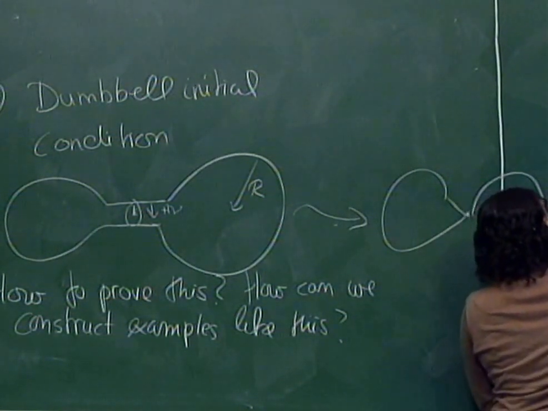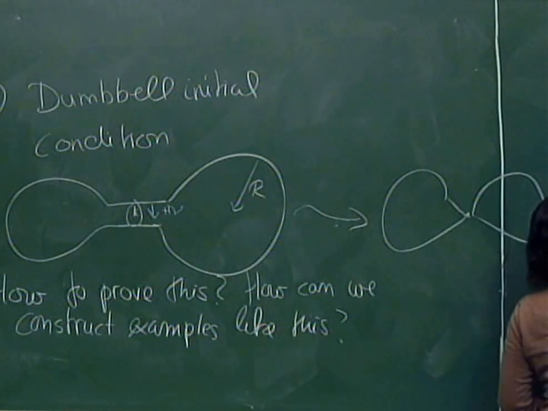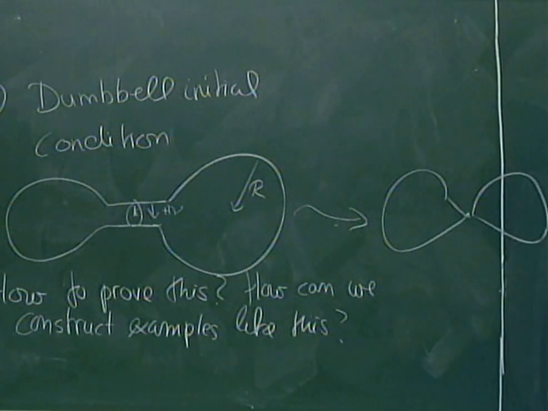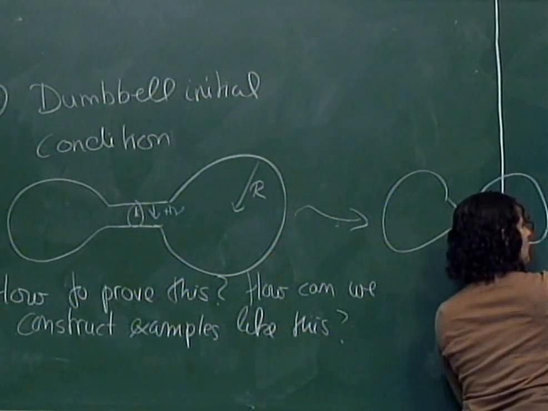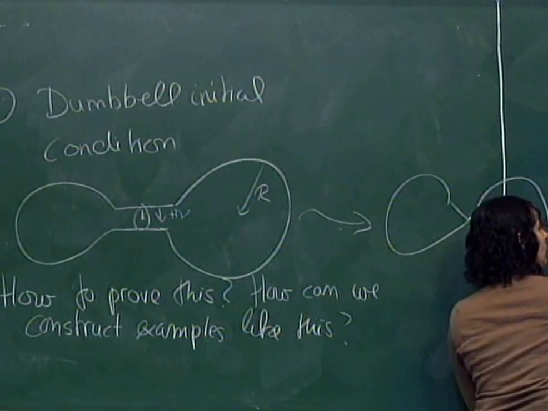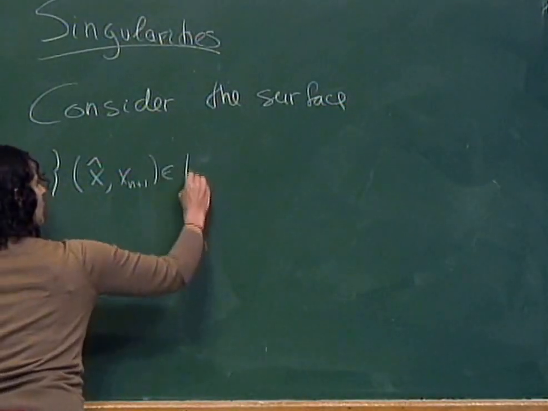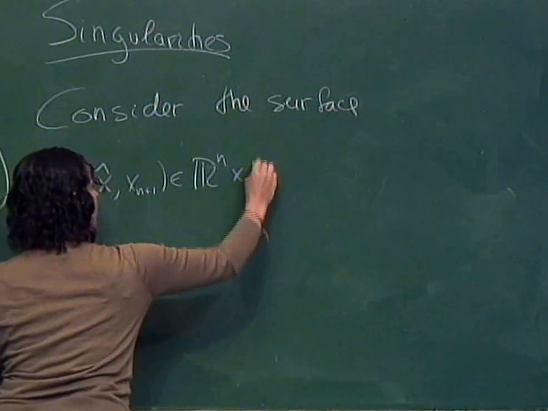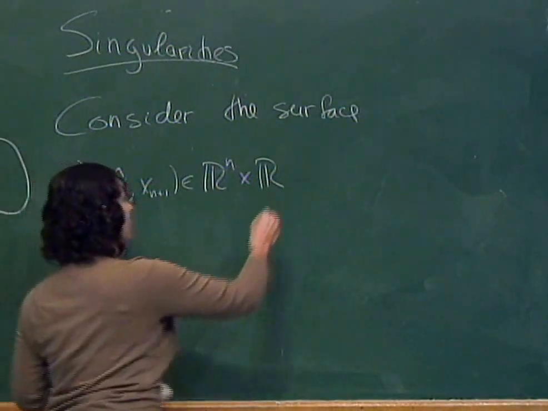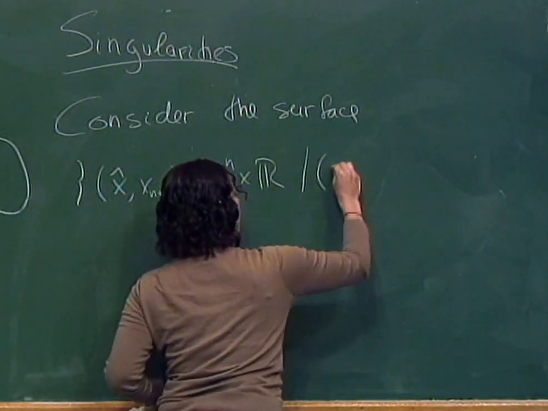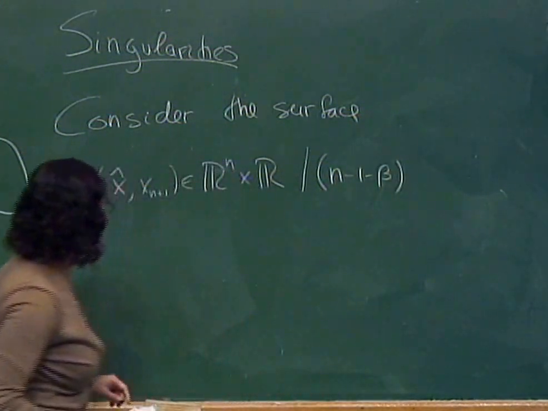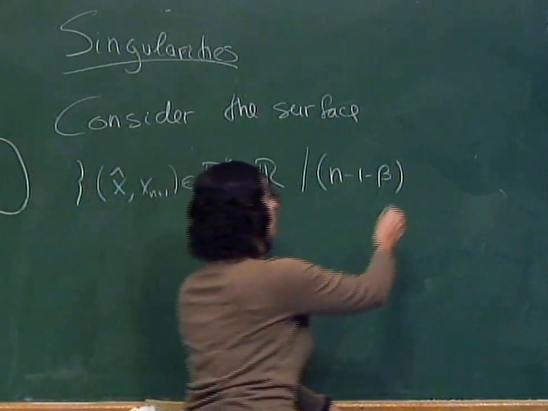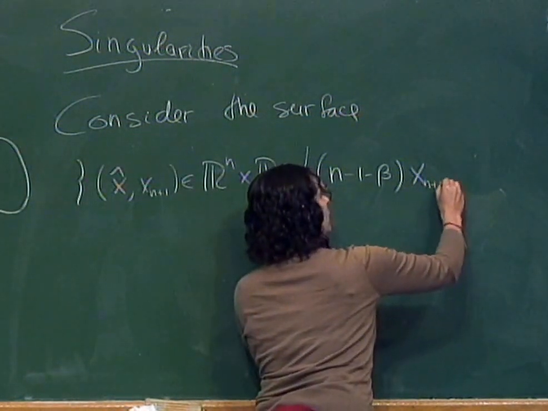Consider this. I'm going to write it like this. R^n cross R, such that... I should check that the signs are correct here because it's important for this to work.